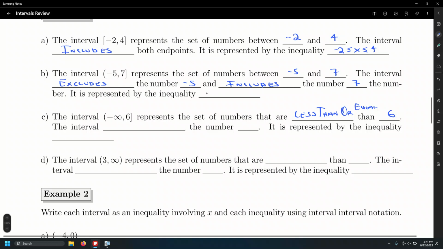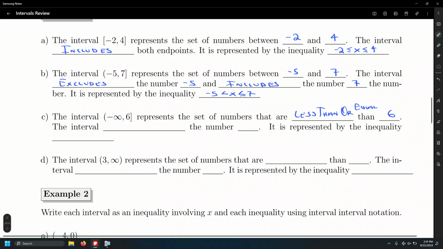For B, negative 5, x, 7. Because the negative 5 has parentheses, we only use the less than symbol, and because the upper endpoint has a bracket, it is less than or equal. So you can think of the brackets to go with the equal and the parentheses to go without the equal. That's another way to think of those.